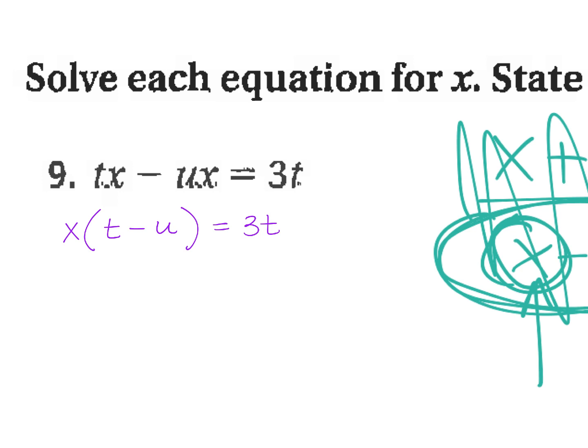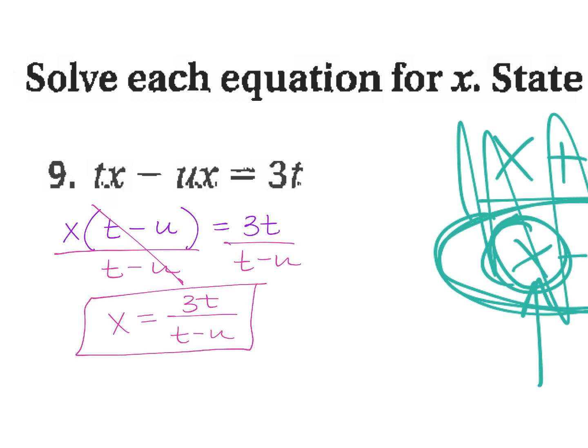And that's what we have to be able to do to isolate the x, right? We want to get the x by itself. Now to get x by itself completely, all we have to do is divide by that t minus u. You got to do it on both sides, t minus u. So x is 3t divided by t minus u, okay?